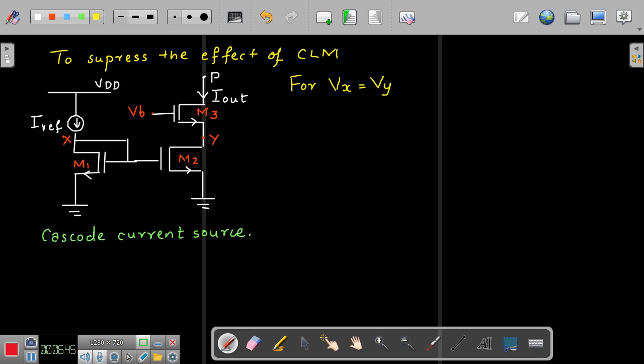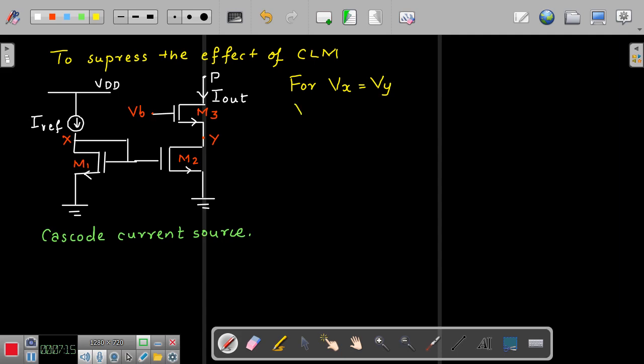When VDS2 is equal to VDS1, your channel length modulation effect will be suppressed. So that necessitates that the voltage at this point Y should be equal to the voltage at X. Assuming that the value of Vy is not equal to Vx, we have to compensate for that difference. That is done with the help of adding one more device here.